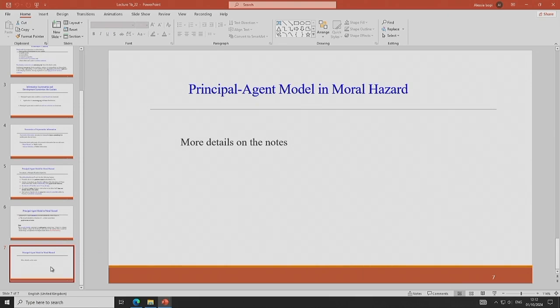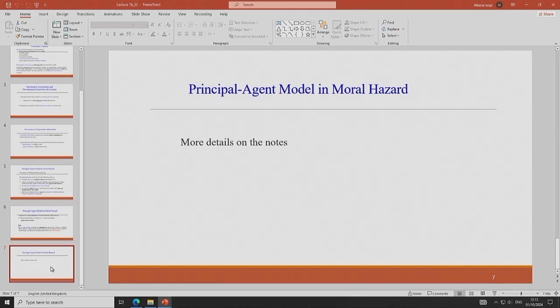You might still have the high outcome when you exert low effort, but this must be less likely to happen, okay? And so we will have 1 minus pi naught and 1 minus pi 1.